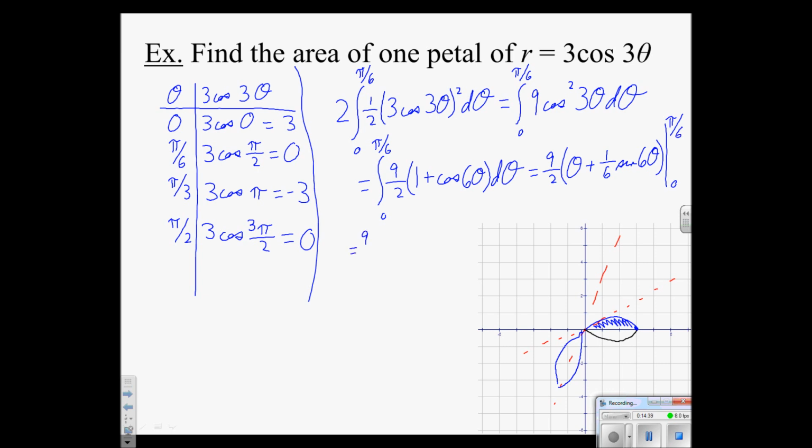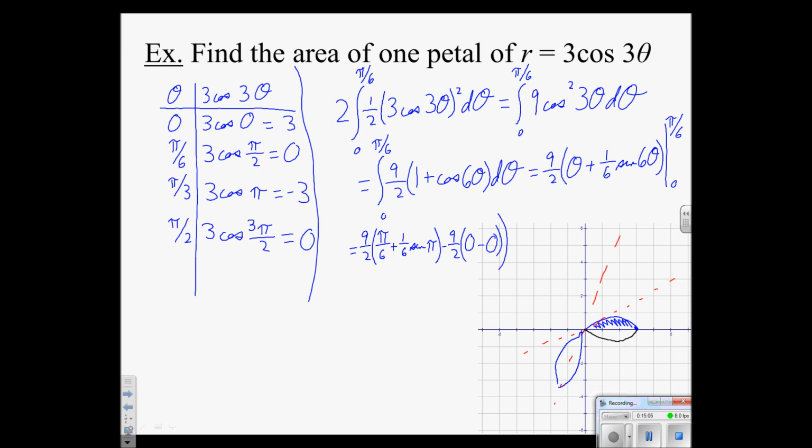So we get 9 over 2 times, when I plug in pi over 6, I get pi over 6 plus 1/6 sine of pi, minus 9/2 times 0 minus 0, because of course the sine of 0 is 0.